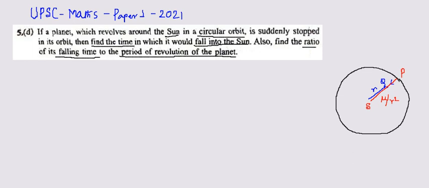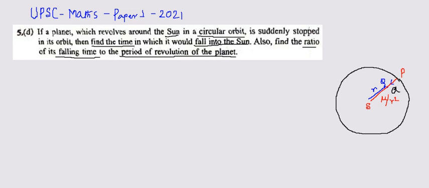So here you can see a picture. Suppose P is the planet and S is the sun, and they are at a distance of radius a.